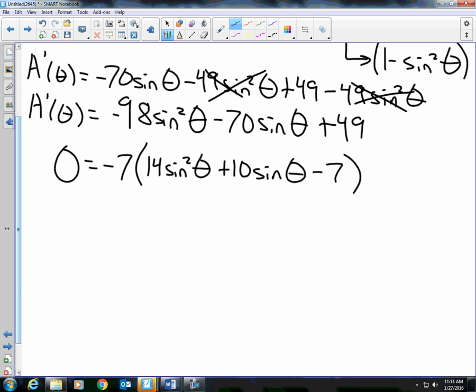Unfortunately, this doesn't factor. So if it doesn't factor and you have a squared, what do you have to use? Quadratic formula. Instead of solving for x, what are we solving for? Sine of theta. So get your quadratic formula out, punch in 14, 10, and negative 7.